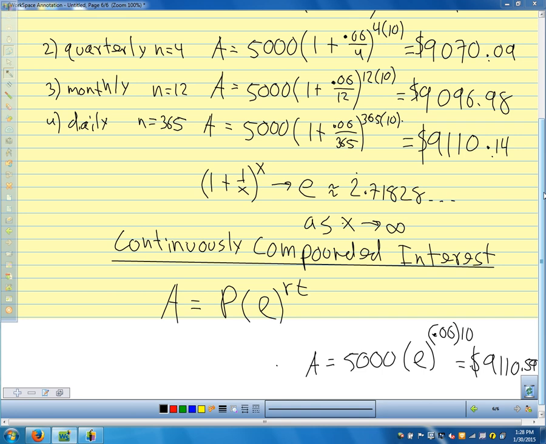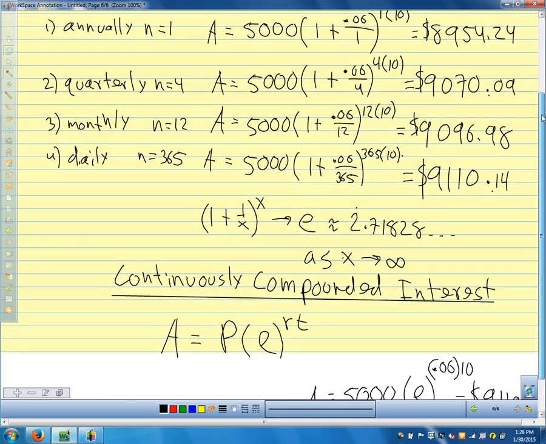All right, questions? I have a quick question for you. Biannually, what would be our compounding rate? 2? Biannually? 2? Semi-annually?